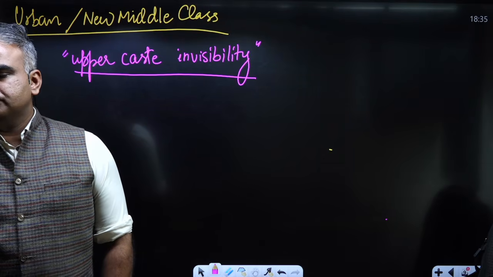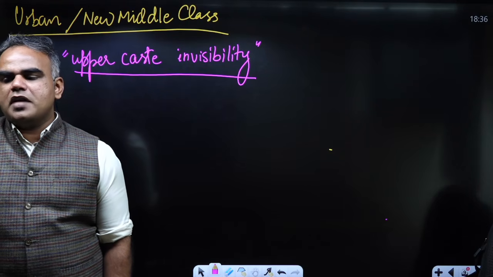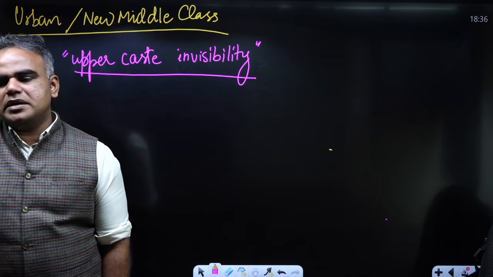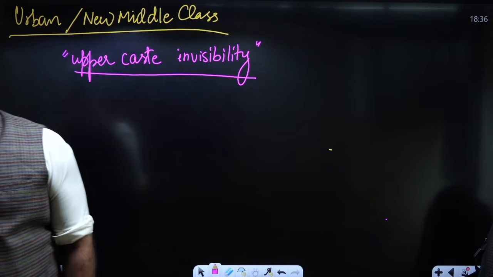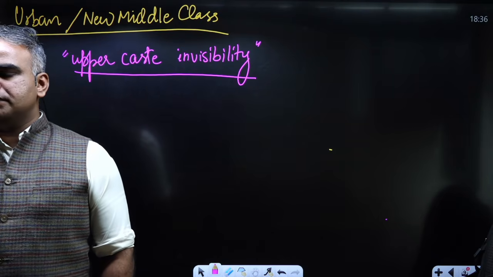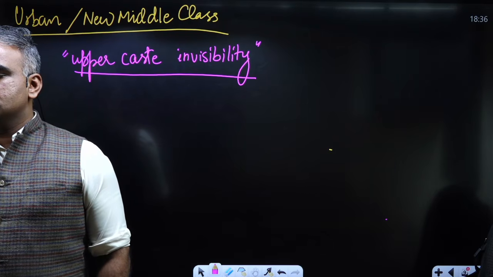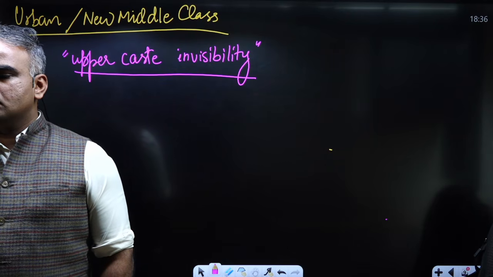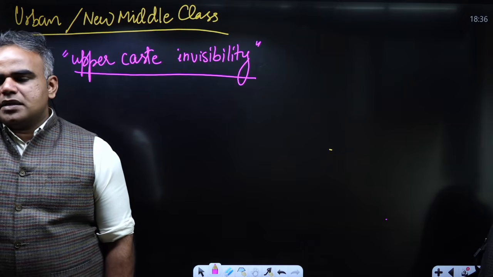Then we can also write the next paragraph. There is an intersection of caste with class and gender.